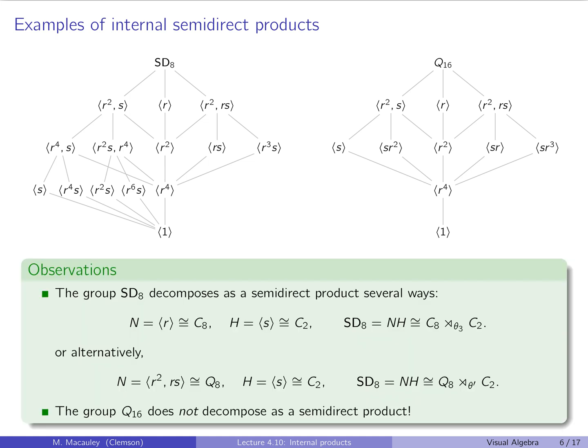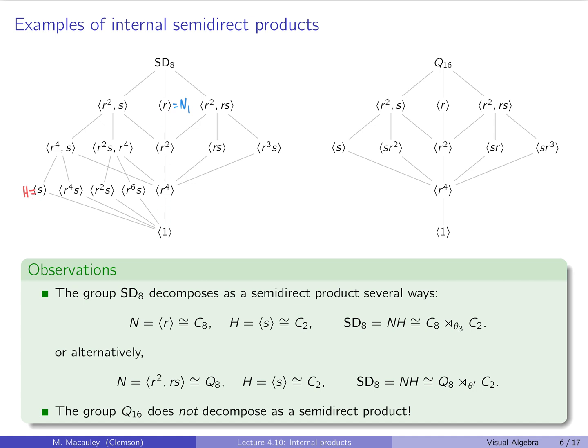The group SD₈ decomposes as a semidirect product in two ways. So here is the non-normal subgroup H, and we can take the normal subgroup N1 to be this. So this is C8 and this is C2.